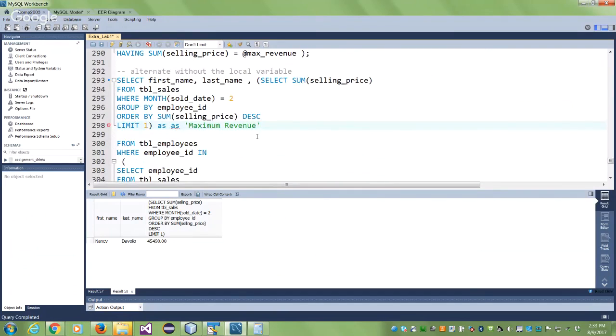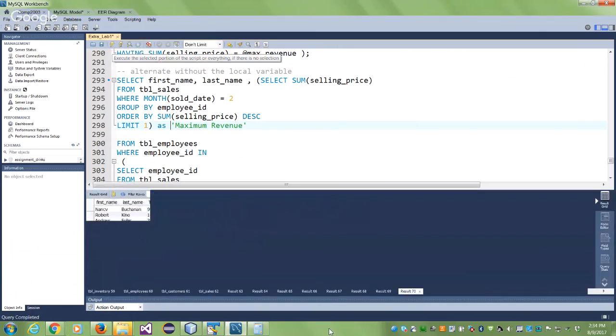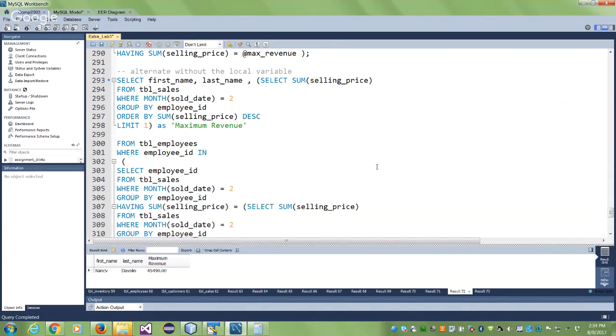These are all employees who have the maximum revenue. I'm going to give it a go together, because I know the last two answers are answers. Now it shows Nancy DeVilio had this much, and we'll show the same thing here. Same answers. In the first one, I did it step by step.